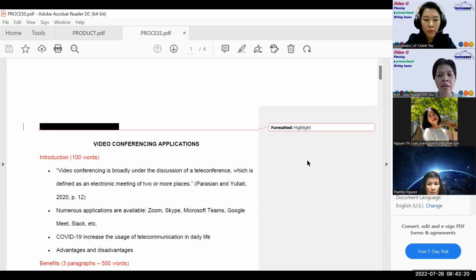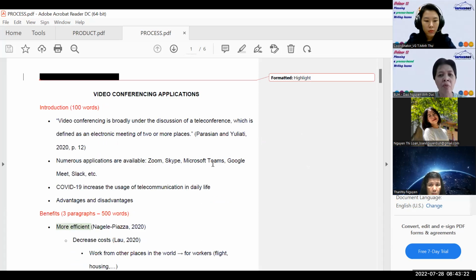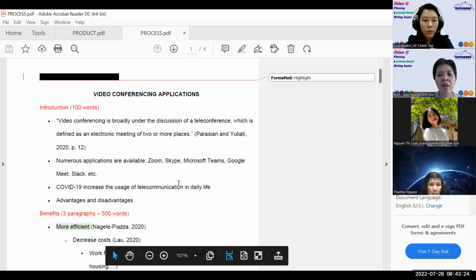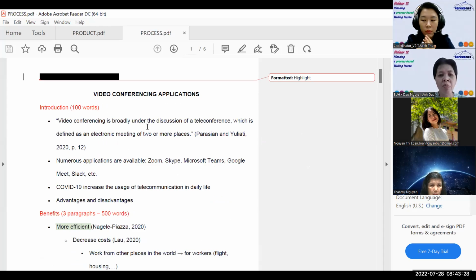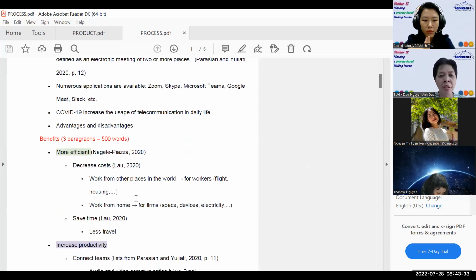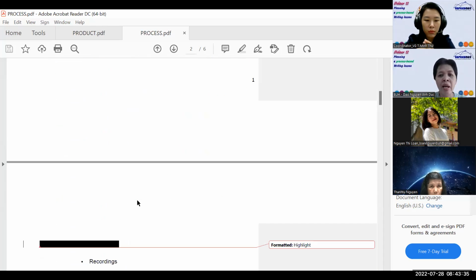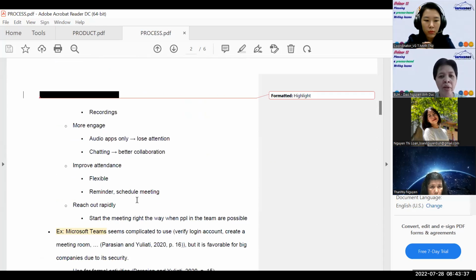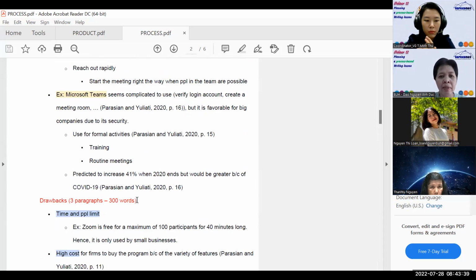At the beginning, they had to give me an outline with some ideas: introduction, how many words, benefits, how many paragraphs, 500 words in total. So this is kind of an outline. They have all the outlines here, drawbacks here.